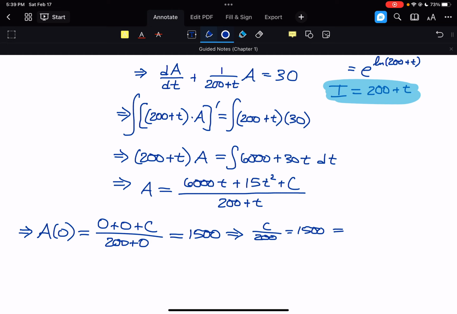Multiply that across. We get C equals 30 and 4 zeros, 2, 3, 4. Yep. So we get 300,000.